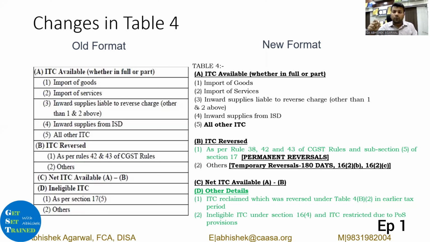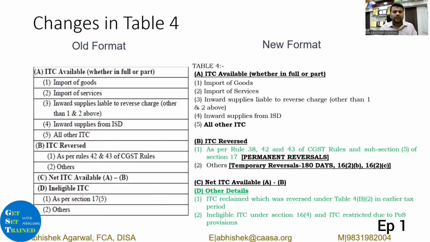I repeat, in 4A5 you have to add 30 rupees, so that will be 130 rupees. And in 4B1, you have to reverse 30 rupees. So as per the new rules, you first take the credit in 4A5 and then reverse it in 4B1.